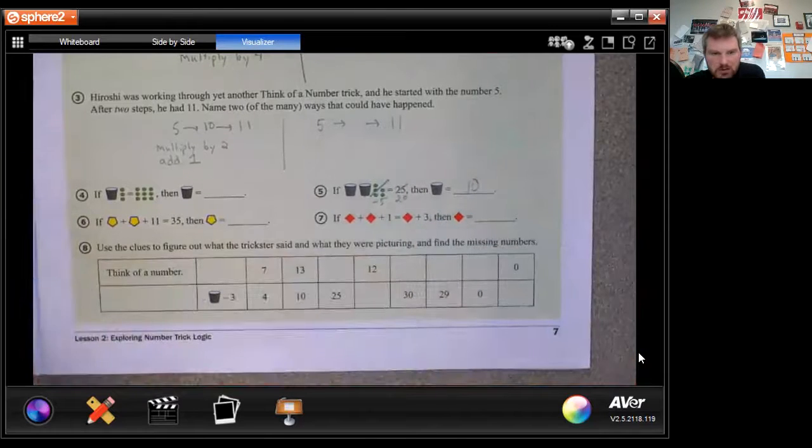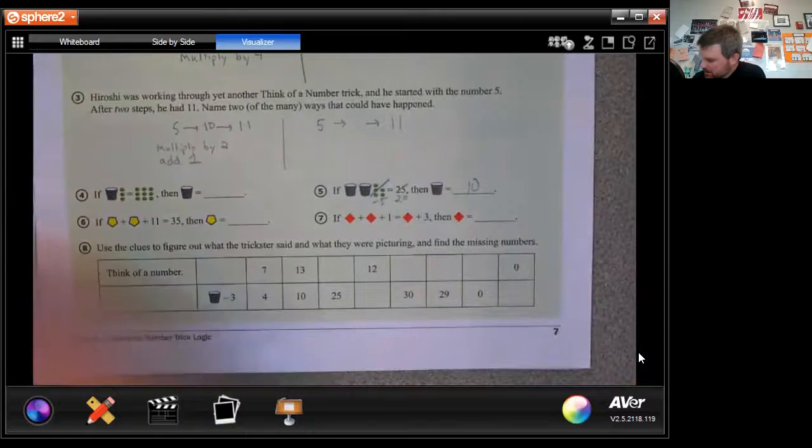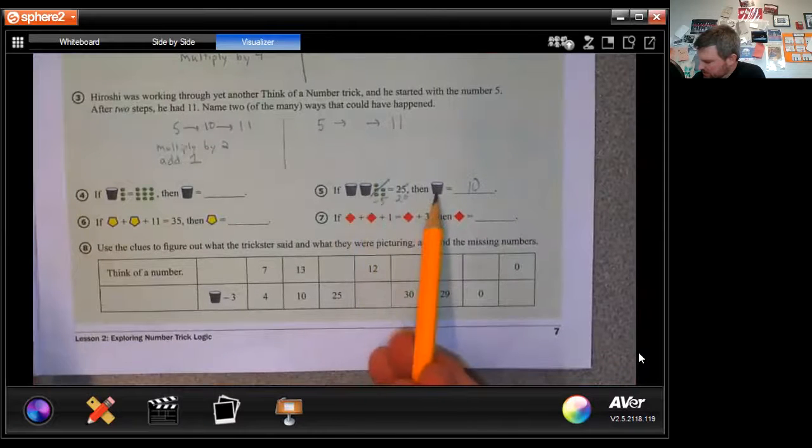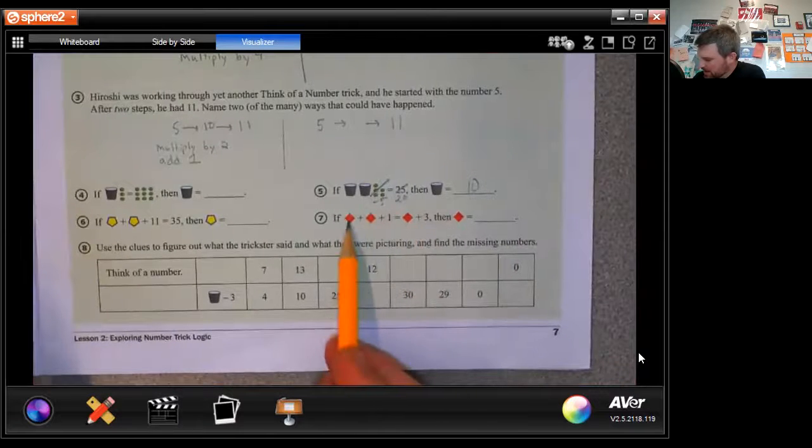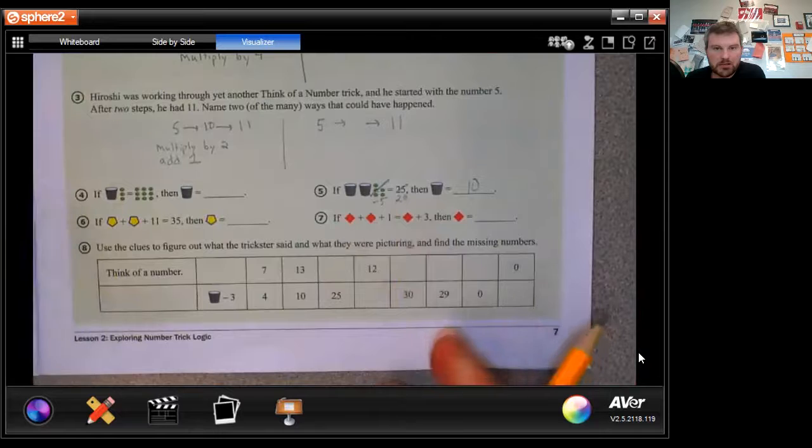Now look what they did here in number 7. We've changed the shape, but does changing the shape really change the problem? Instead of writing it like this with buckets and marbles, if I write it like this, could it still be buckets and marbles? Yes.